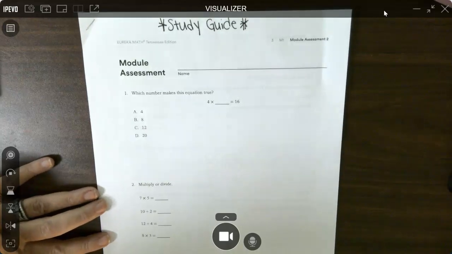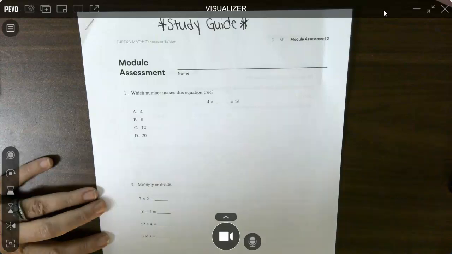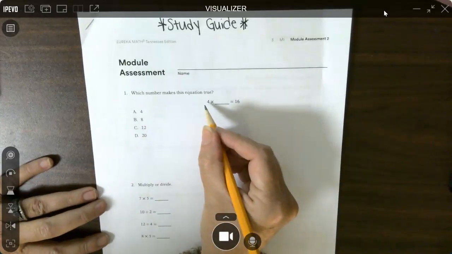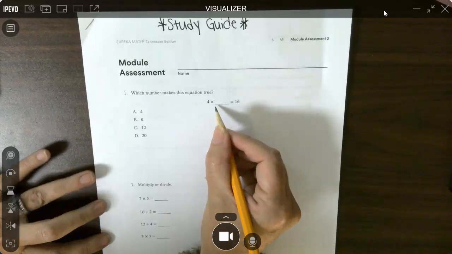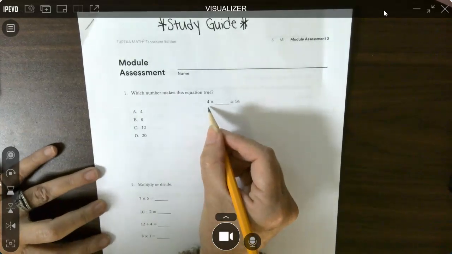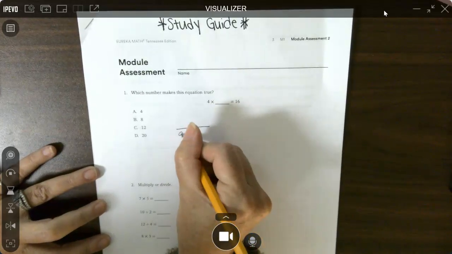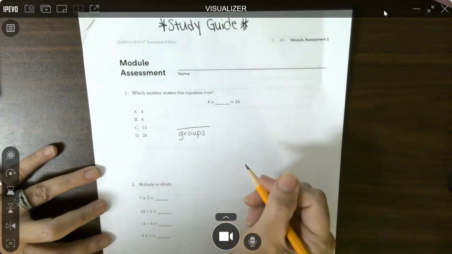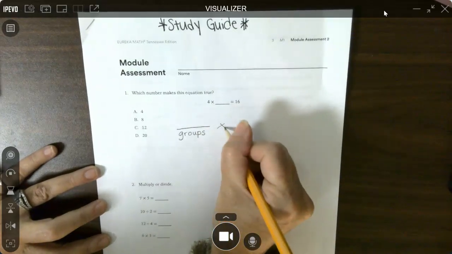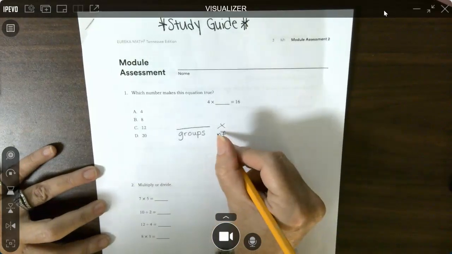All right, number 1, which number makes the equation true? So one of the first things that we need to understand is what these things actually mean. We talk about at the beginning of 3rd grade that in a multiplication equation, we have a number that represents groups, and then the multiplication symbol is of.